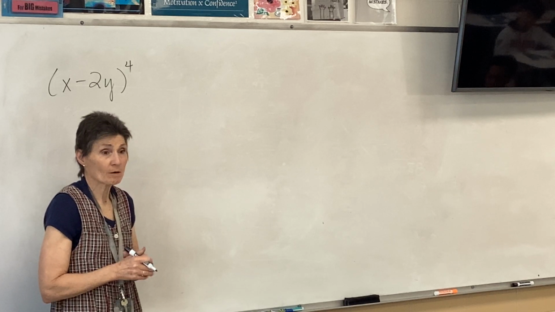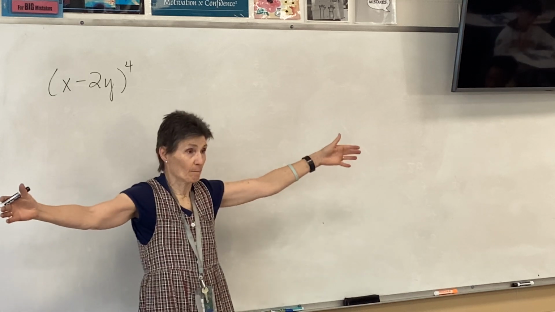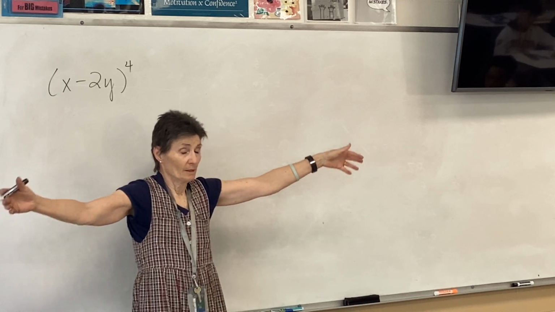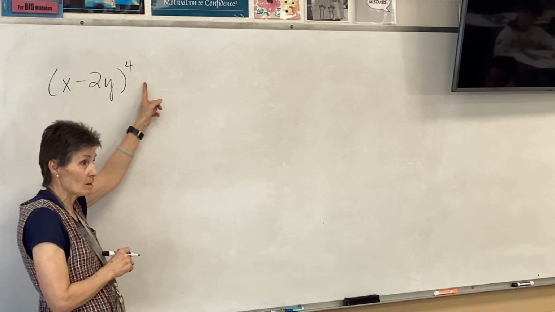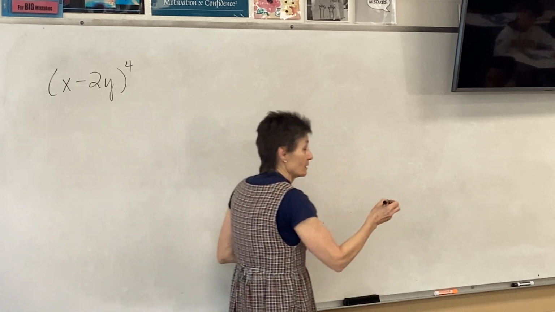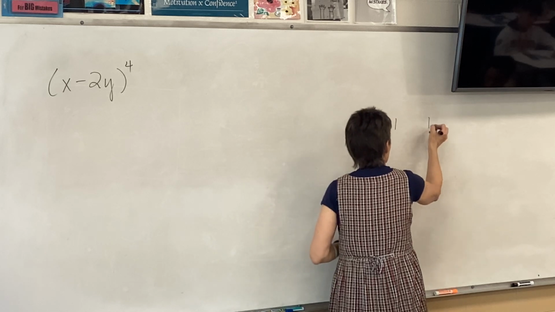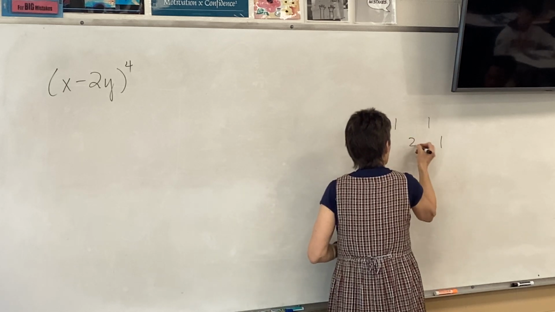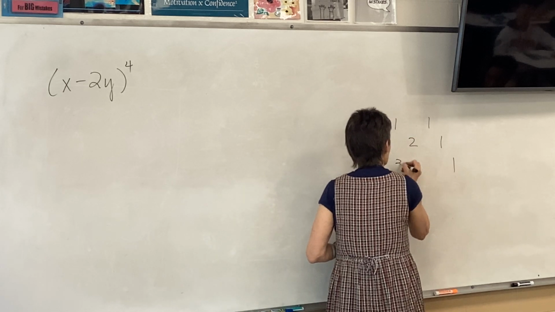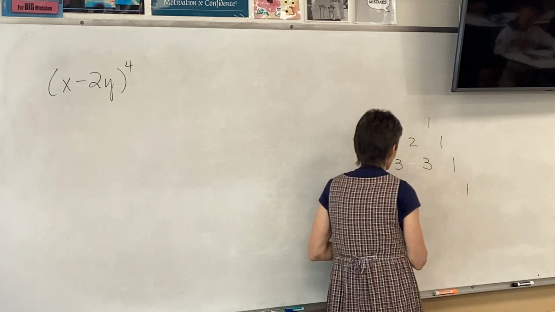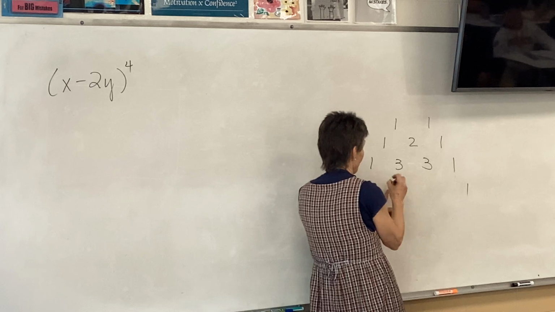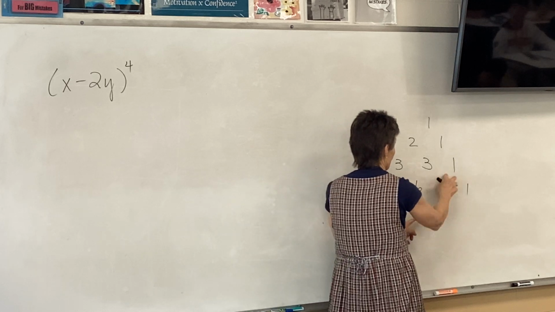Well, we have to start by writing out a list of numbers. Since this is only to the 4th power, I'm going to find the list of numbers using Pascal's triangle. So remember how we build Pascal's triangle? Put a 1 on each end, and then what goes here? 4, 6, 4.